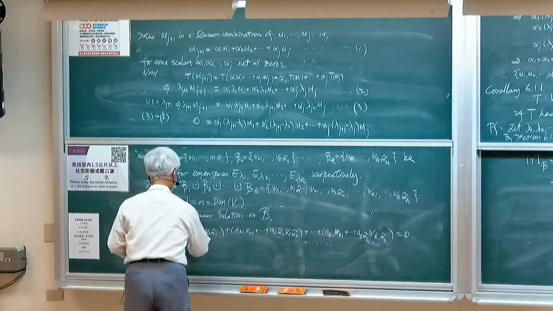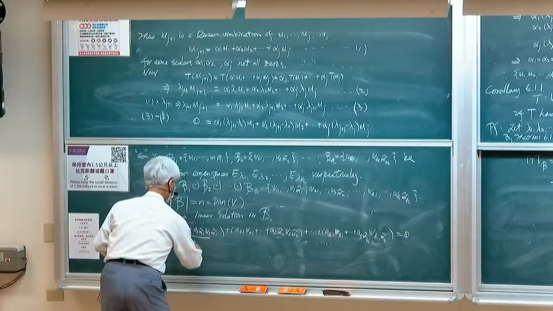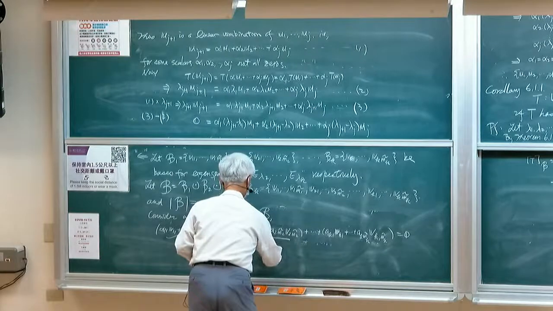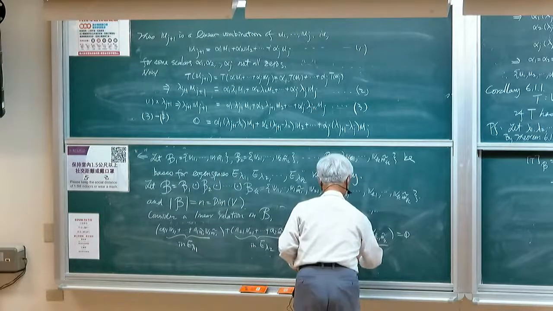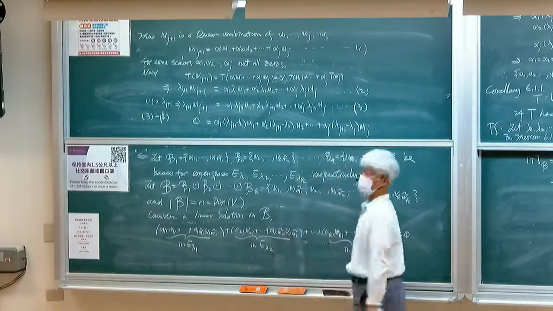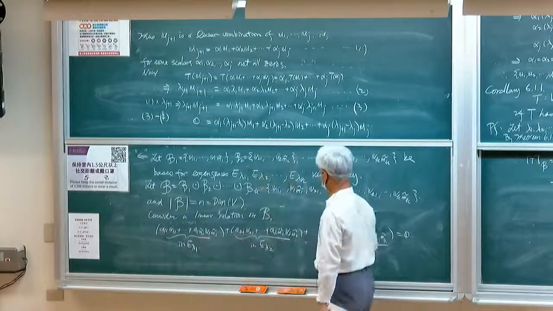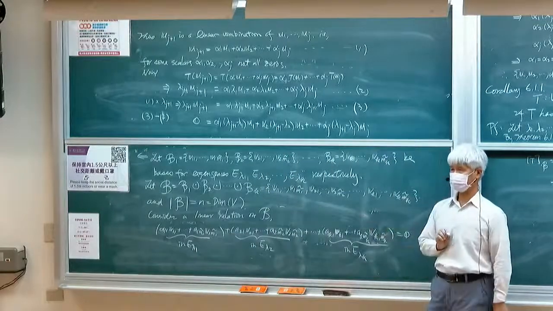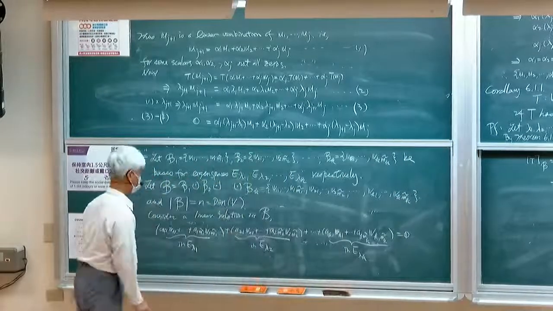This first group is in E lambda 1, this is in E lambda 2, and this is in E lambda k. So each group is in a different eigenspace.